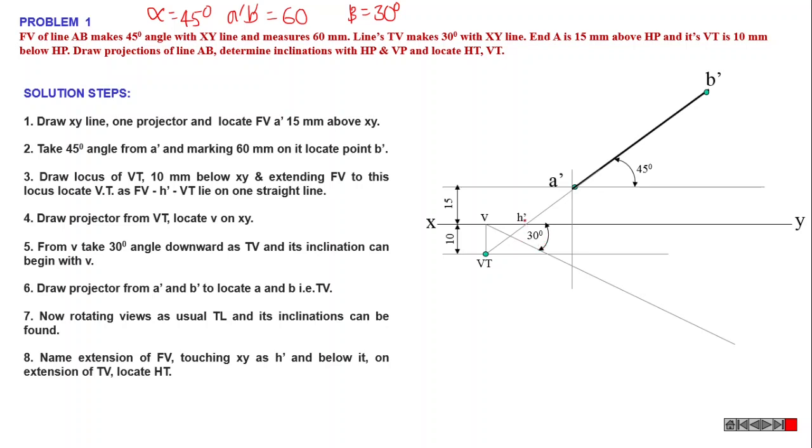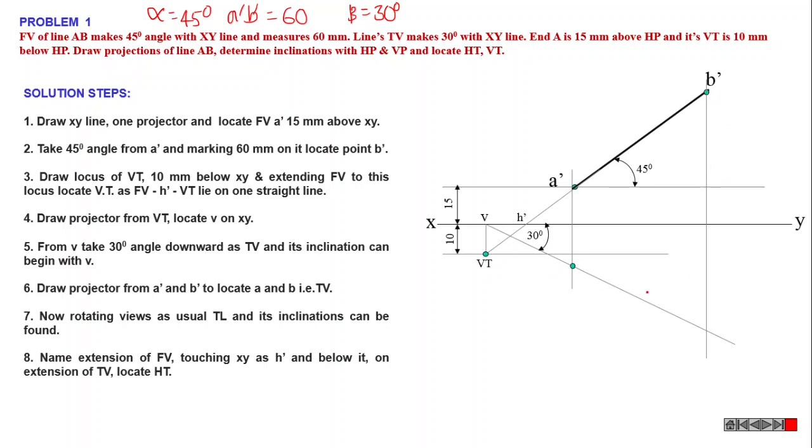Then we can project that H dash and easily find out HT. We can draw a projection line passing through A, and also a projection line passing through B dash.